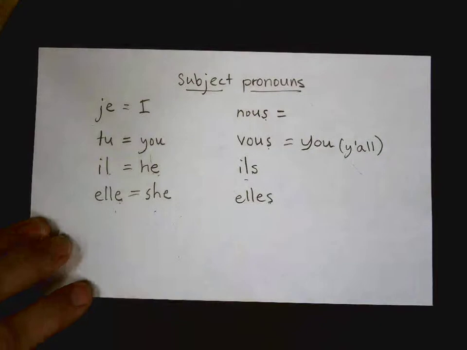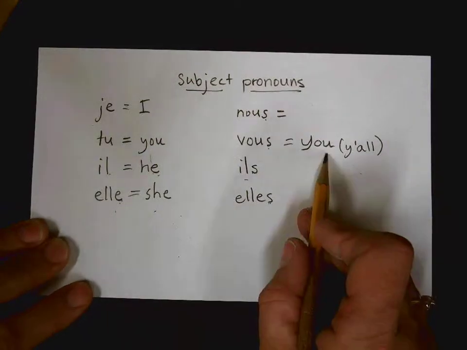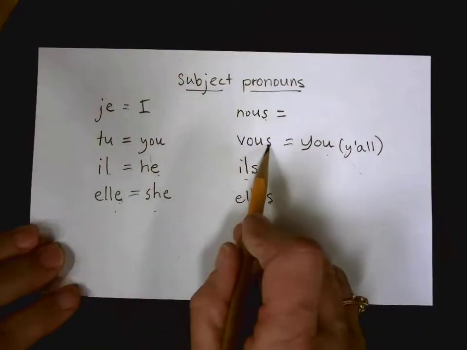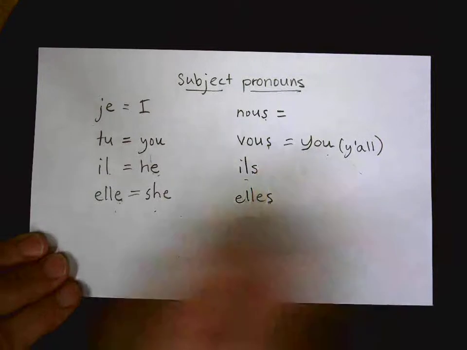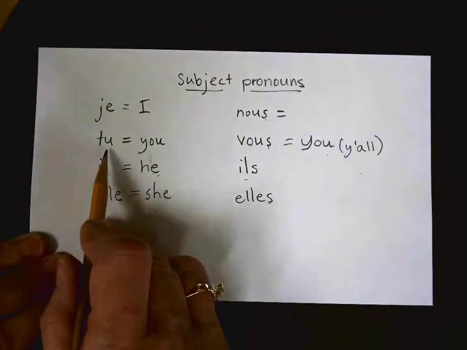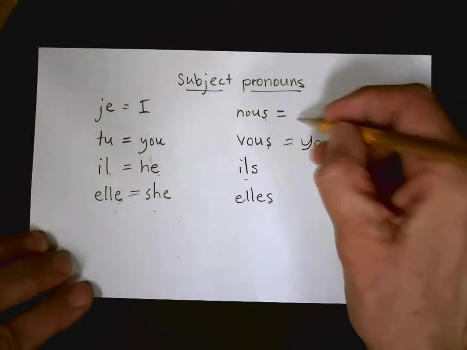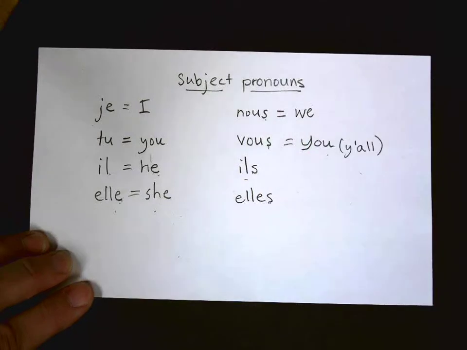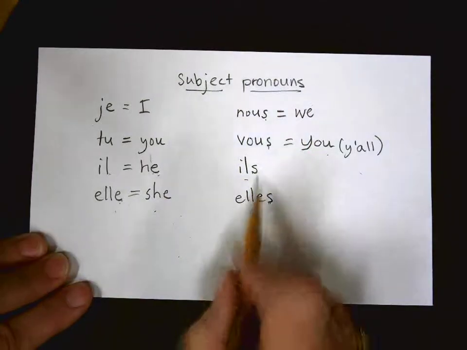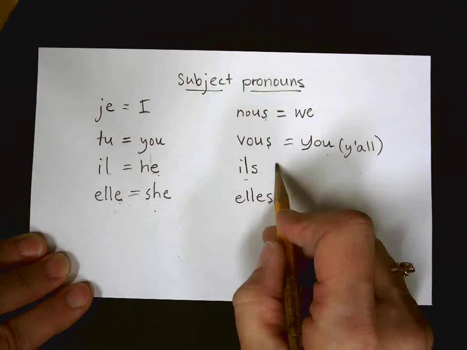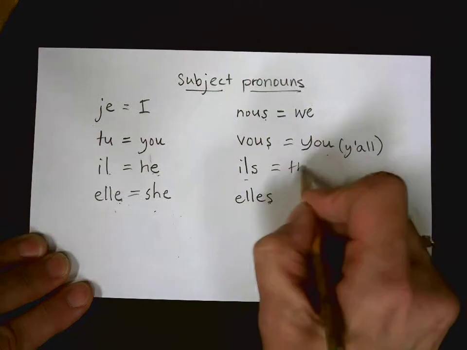In English, we do not have a plural form for the word you. This can be plural or formal, but it means the same thing as this. And these are the only ones you've learned so far. So can you guess what nous means? It means we. And can you guess what these two mean? They mean the same thing. They.